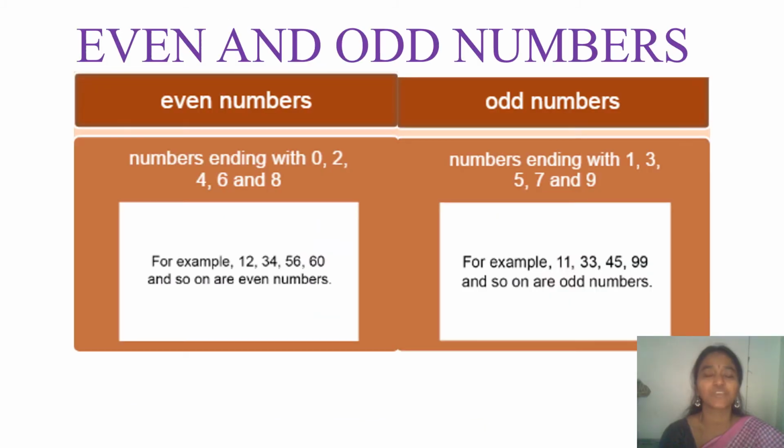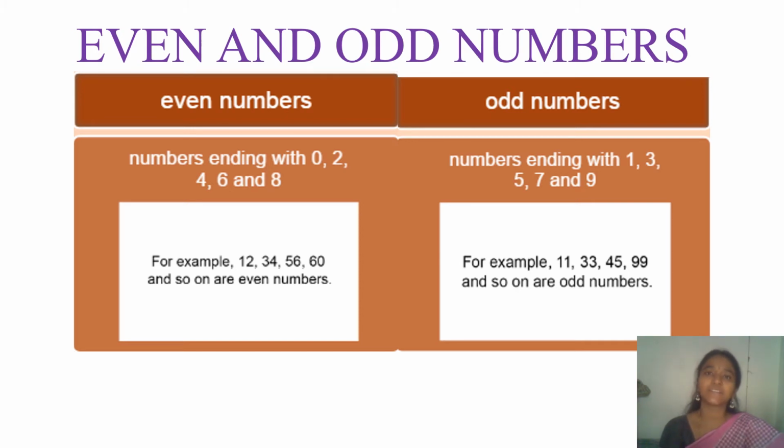Next, coming to even and odd numbers. What are even numbers? The numbers that are ending with 0, 2, 4, 6, 8 are called even numbers. So for example, 12, 34, 56, 78, all these are even numbers. And what are odd numbers?